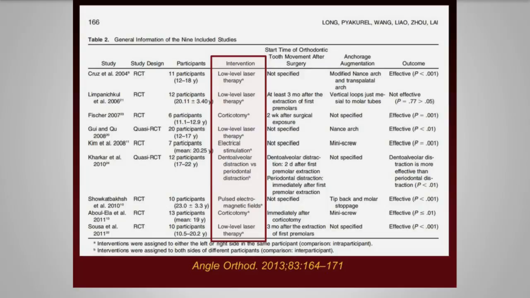This is not one uniform approach. They talk about low-level laser therapy, corticotomy, surgically assisted orthodontics, electrical stimulation, dentoalveolar distraction, and also pulsed electromagnetic fields and so forth. So there are several procedures and only 9 articles: a small number and different approaches. How is the systematic review going to review that?